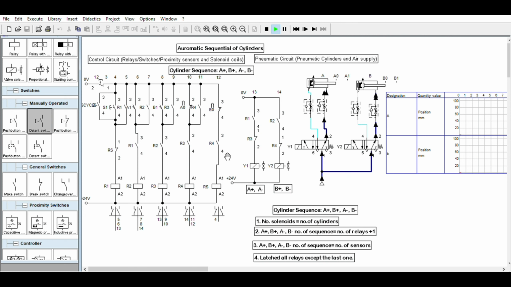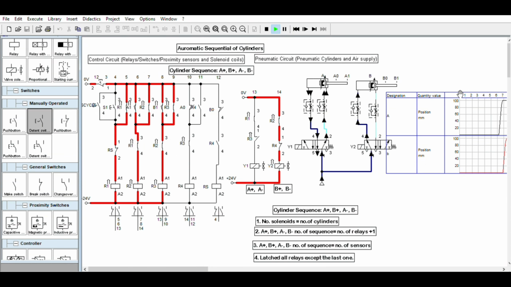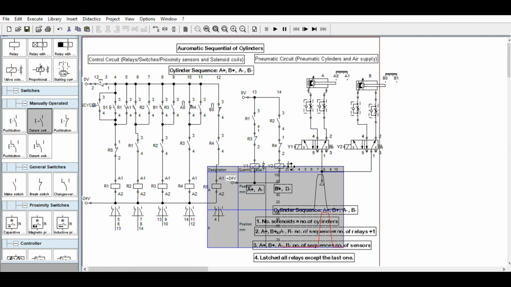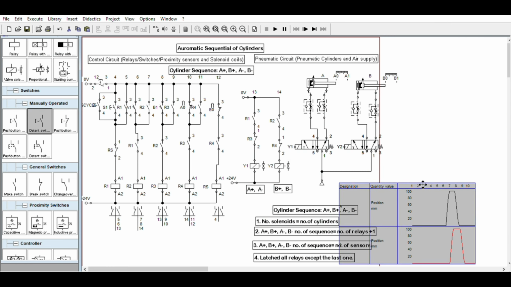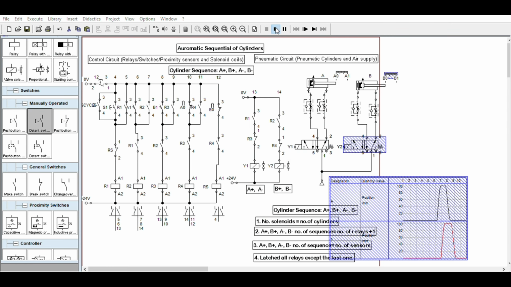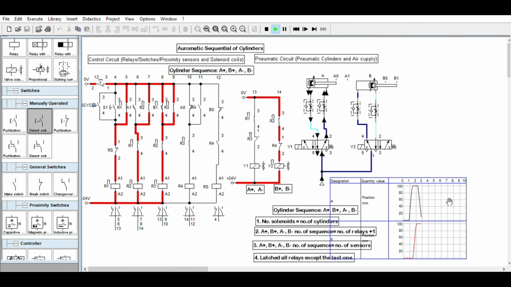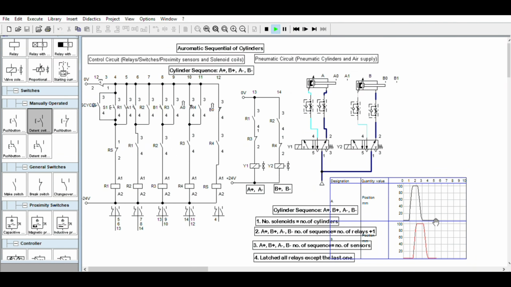That is outside the area. They cannot see. Yes, here. A plus, B plus, A minus, B minus. So one complete cycle. Cylinder A, cylinder B.